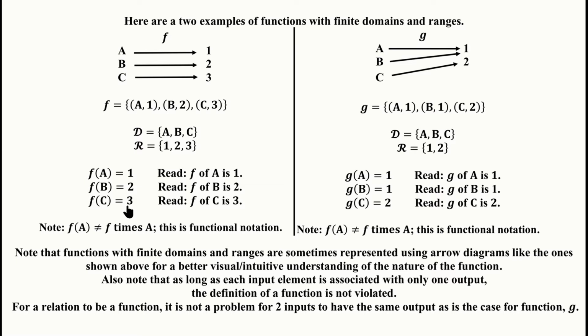Now, we notice that g is somewhat different from f in that two inputs are going to the same output, and that does not violate the definition of a function. As long as each input has only one output, the definition of a function is satisfied.